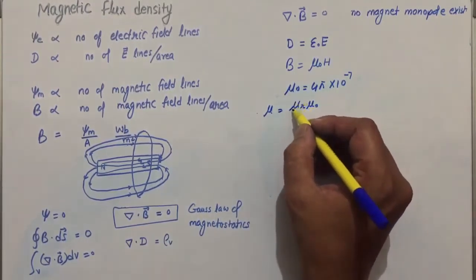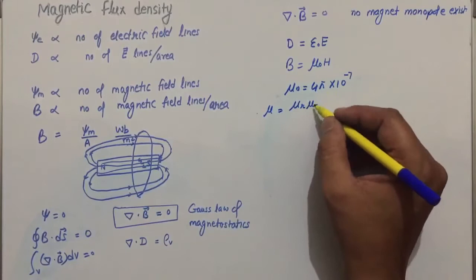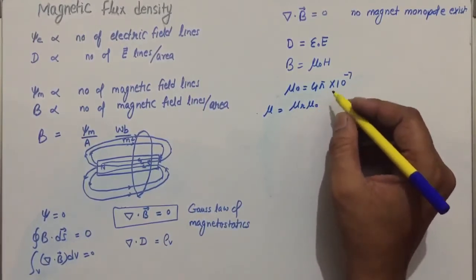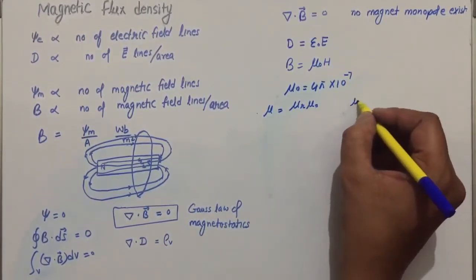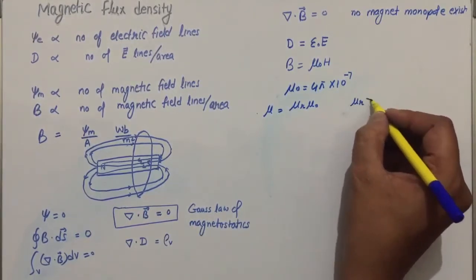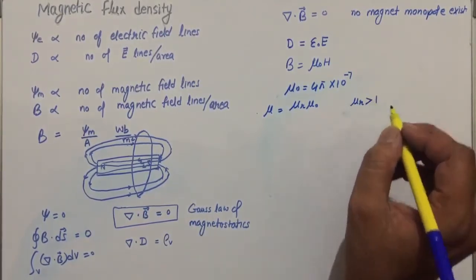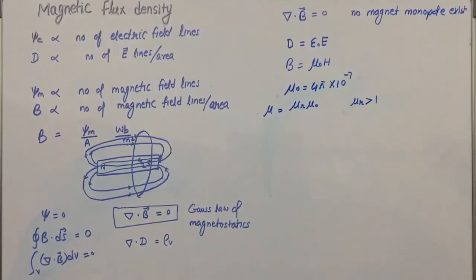This is the permeability relative to free space, where mu r is always greater than 1 other than free space.